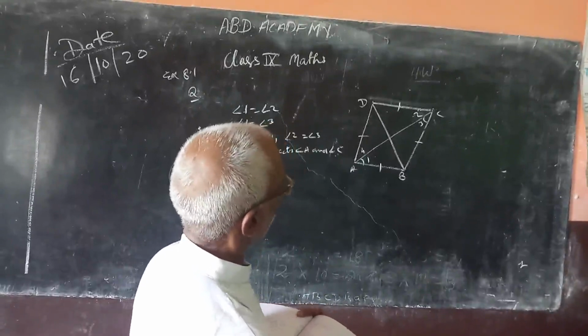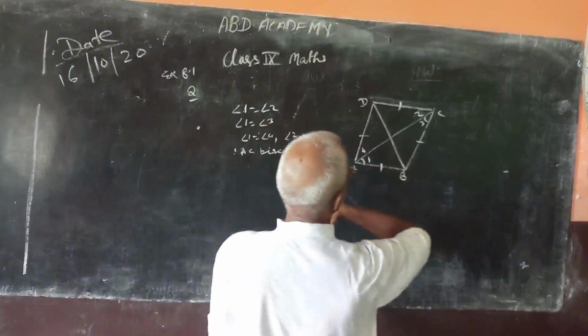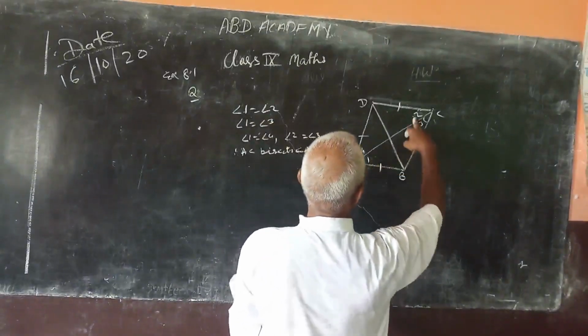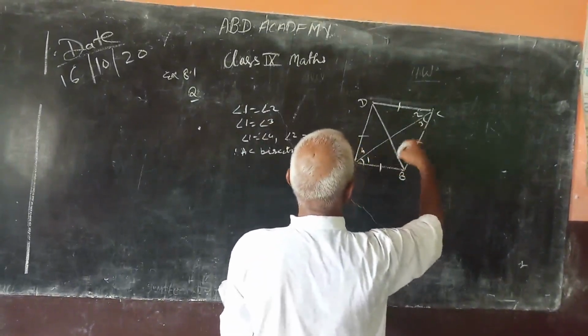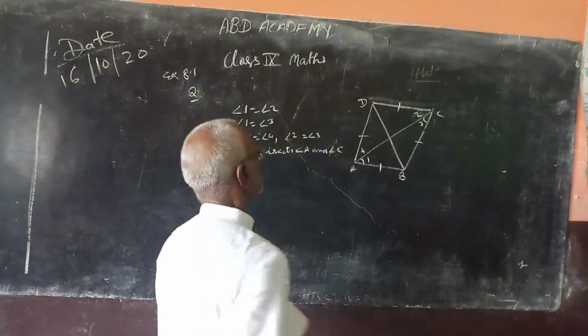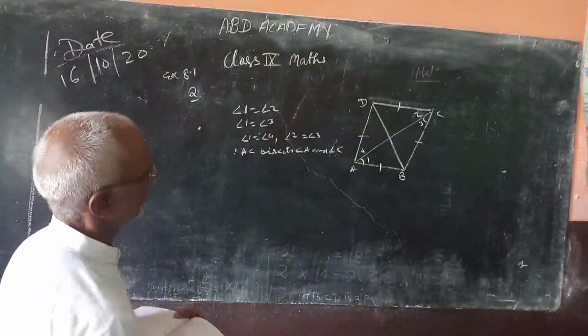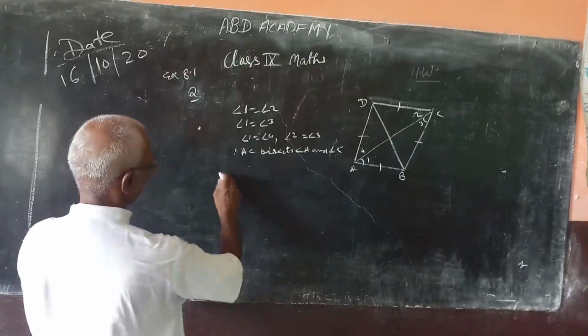But 1 is equal to 2 because a rhombus is a parallelogram also. 4 is equal to 3. So all four angles are equal. Therefore, AC bisects angle A and C.